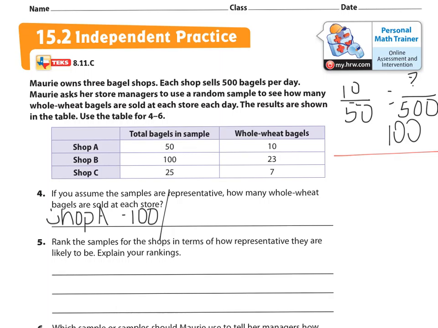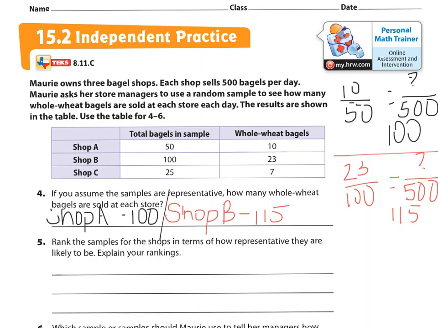So our proportion is going to be 23 over 100 equals an unknown amount over 500. And so we're going to solve that proportion by doing 500 times 23 divided by 100, and we get 115. So at shop B, we would expect it to be about 115.